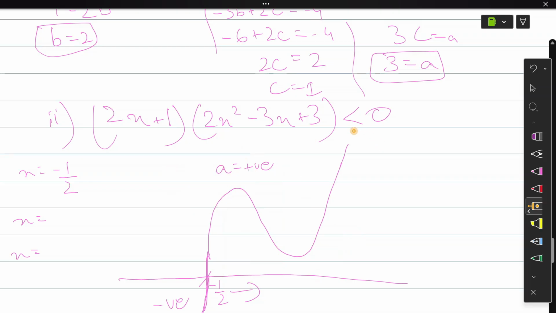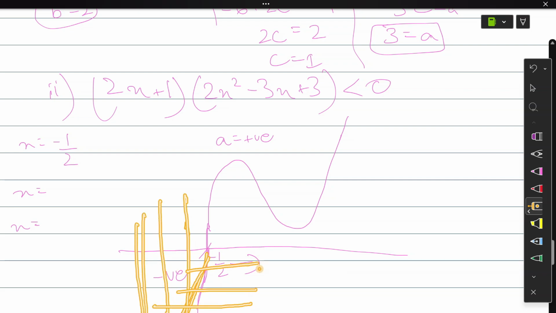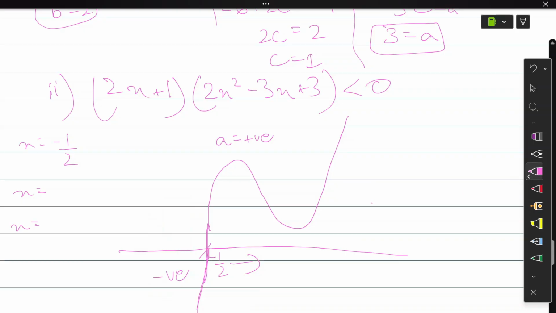So what do we need? We need the region which is less than 0. We need the values of y to be negative. So we will move to the left side. Why? Because if you move to the left side, this curve keeps on going, expanding, and for all values of x, the intersection is going to give you negative values of y. So our final answer is going to be x is less than minus half. Got it? And that is our answer.